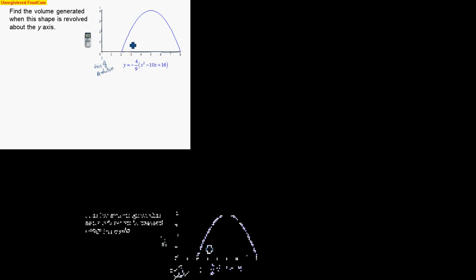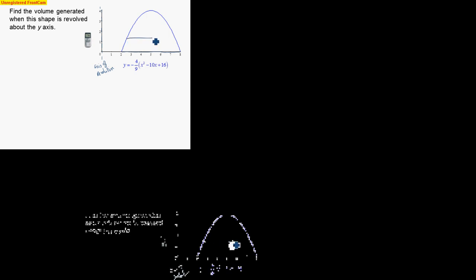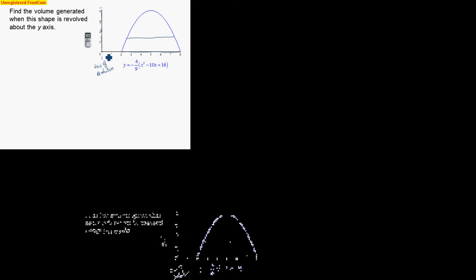If you're going to use potato chips, or washers, your slice has to be perpendicular to the axis of rotation. But if I'm perpendicular to the axis of rotation, I would have to get this equation in terms of x, I'd have to get x by itself. That would be a little harrowing.